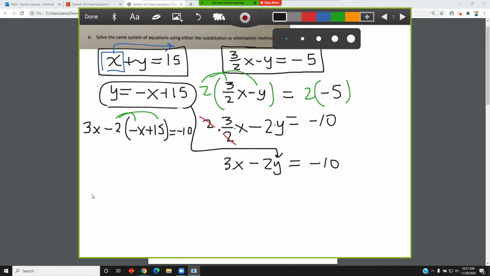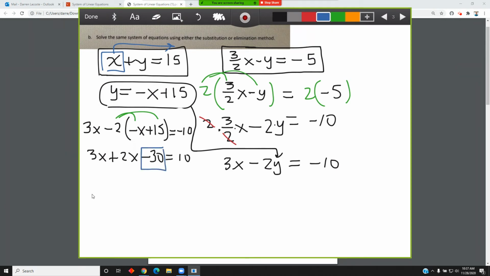All right, we'll use the distributive property next. 3x plus 2x minus 30 equals -10. Moving the 30 to the other side, and remembering that when a term changes sides, it changes signs. 5x equals 10 plus 30. 5x equals 40. Divide by 5 on both sides, x equals 8.